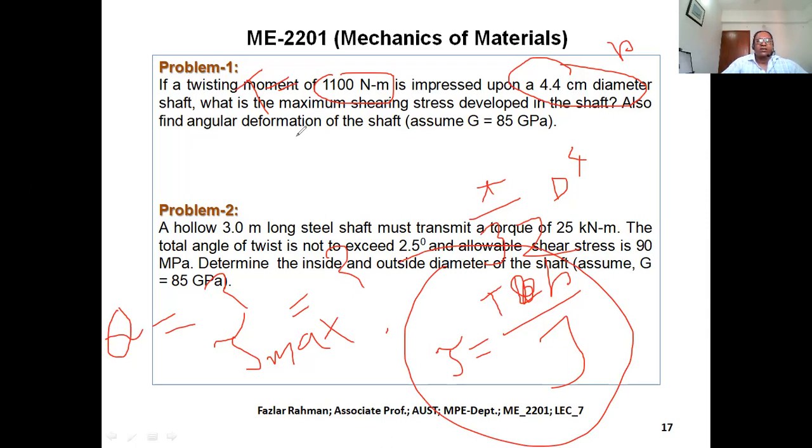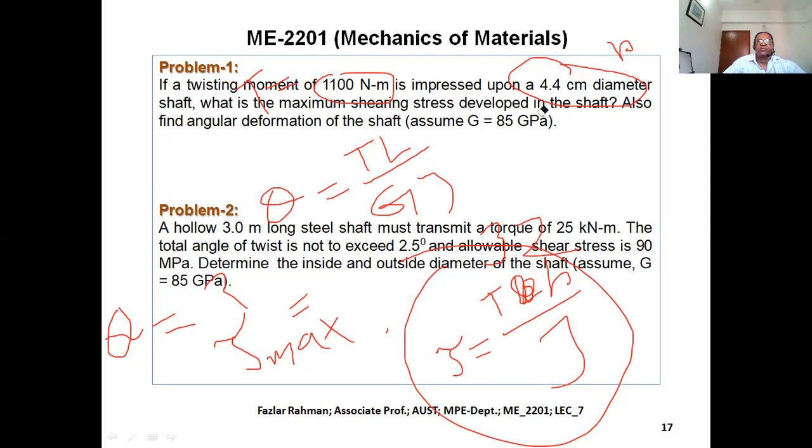Now, let's figure out the angular deformation. The angular deformation theta formula equals TL divided by GJ. So you see, torque is given, 1100.